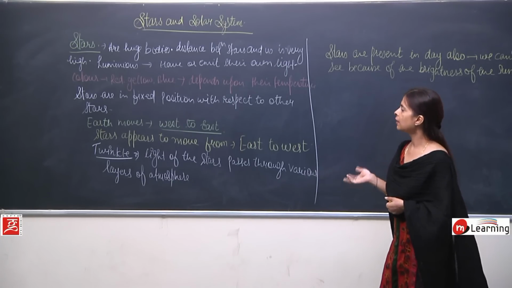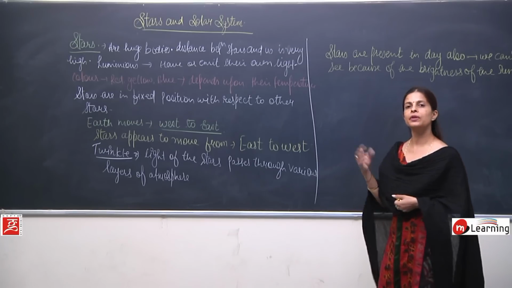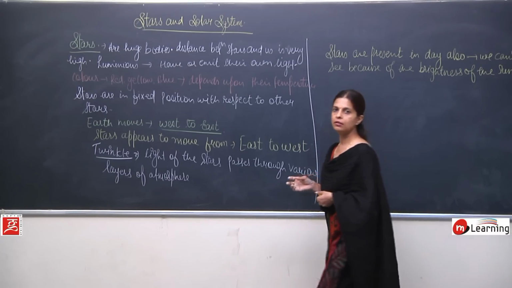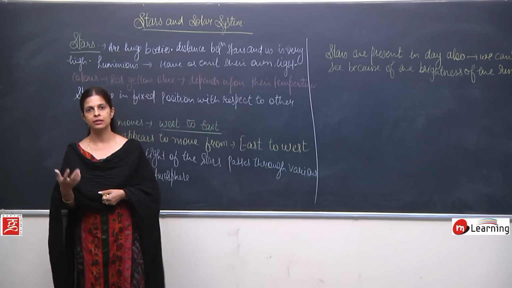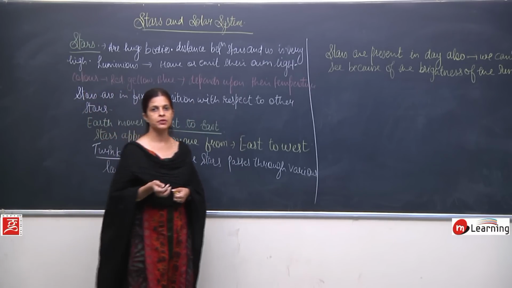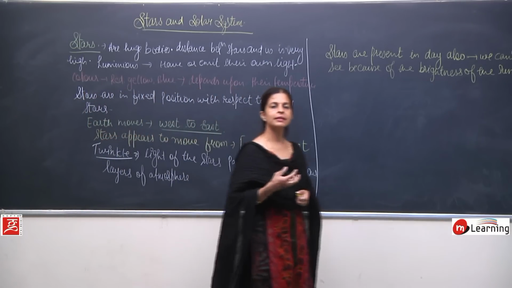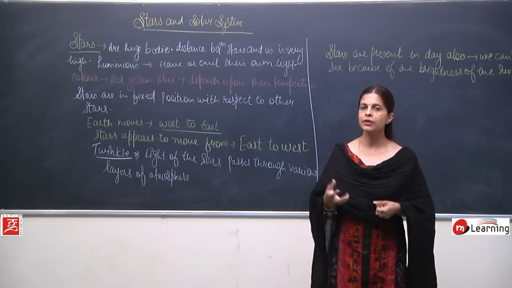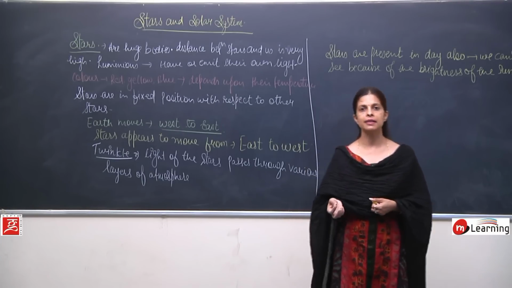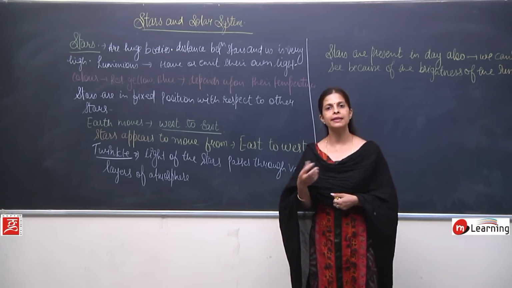So this is all about the stars. There are different colors also, blue, red, yellow. So why is this so? Because of the difference in temperature. Obviously the temperature of the stars is very high, as we know that even the sun is a star and the sun is continuously emitting heat and light.